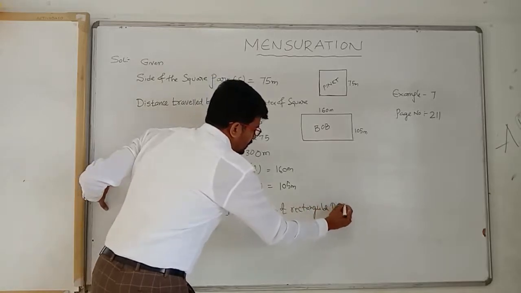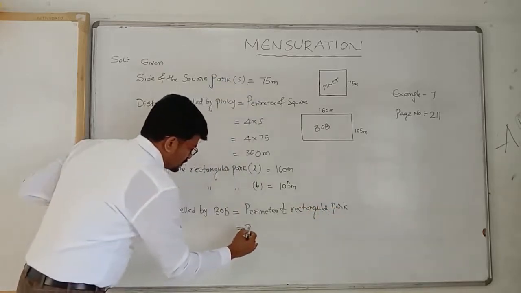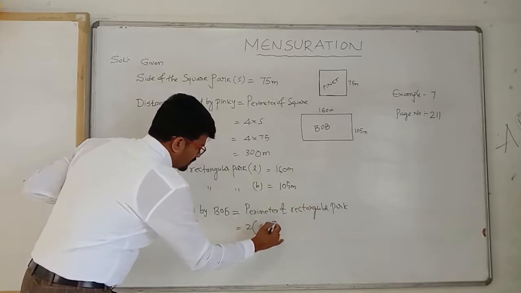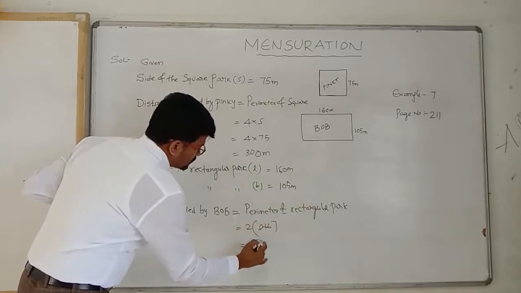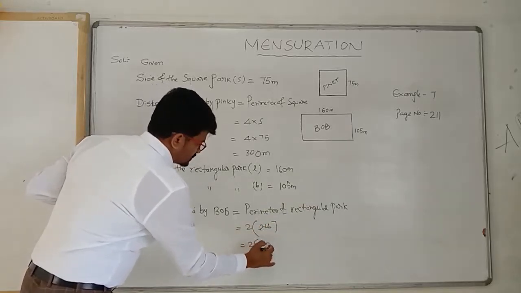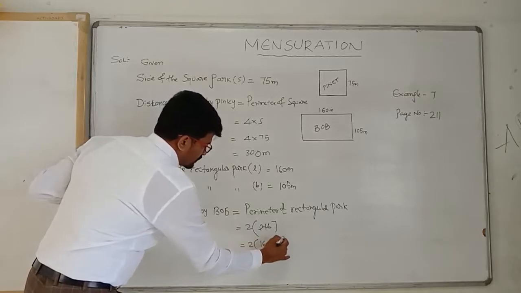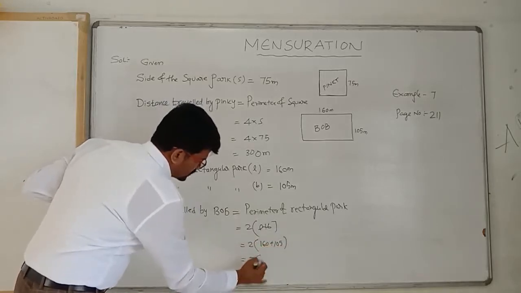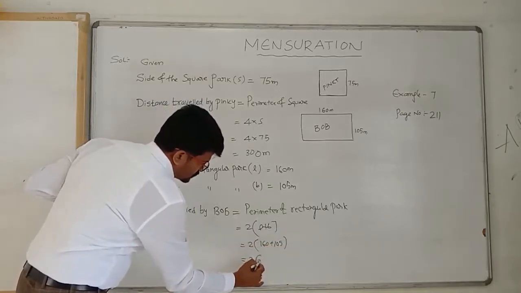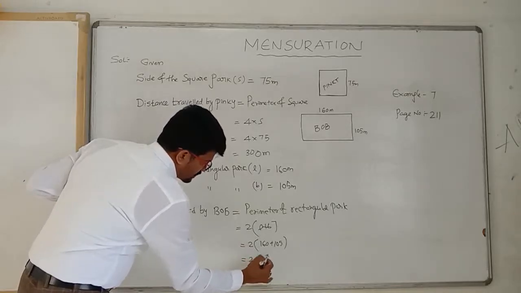Perimeter of rectangular park implies 2 into (L plus B). That implies 2 into (160 plus 105). That implies 2 into 265.